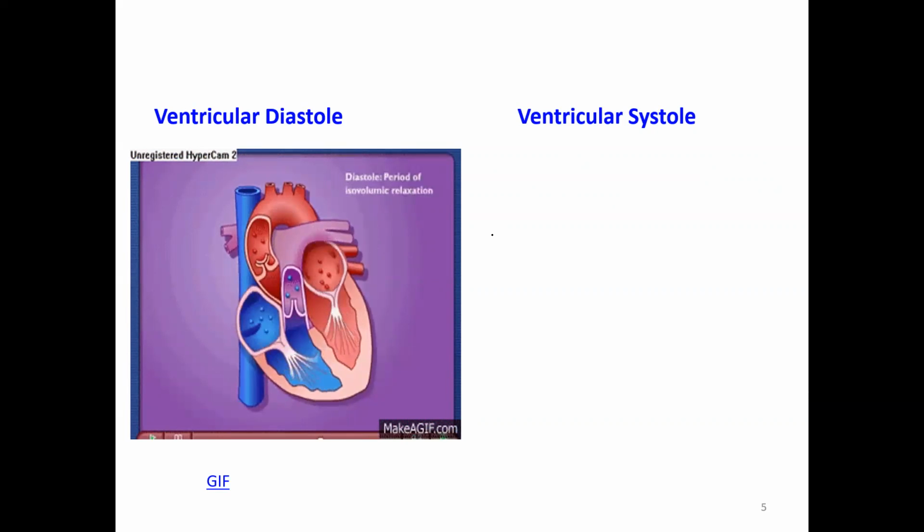Then the atria contract simultaneously to push maybe the last 20% of blood into those ventricles. Now the ventricles are full of blood with tremendous fluid pressure, and the filling of those ventricles causes so much pressure it shuts the valves simultaneously. So it's a pressure event. That's what's going on.